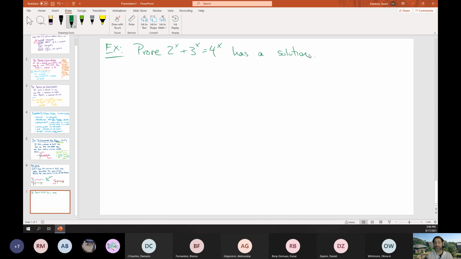But mathematically, those are really two fundamentally different questions. Does it have a solution? And then if it has a solution, what is the solution? And sometimes we can't answer the second question, even if we can answer the first one. This is one of those cases where I can answer one of the questions, and we'll see how to answer it with the intermediate value theorem. But I don't actually know a nice way to represent or find the value.